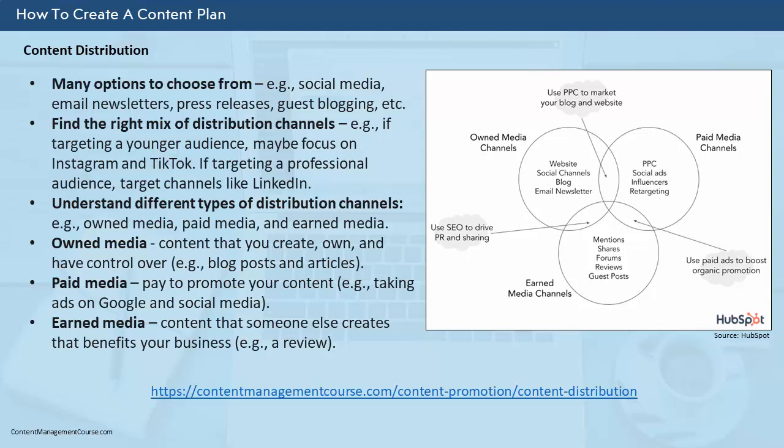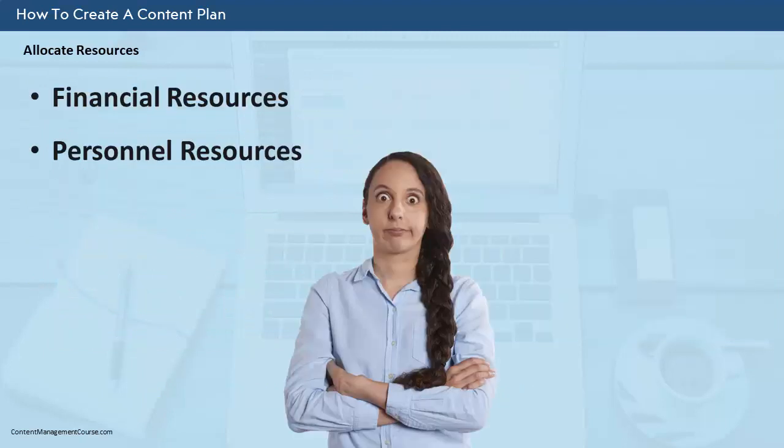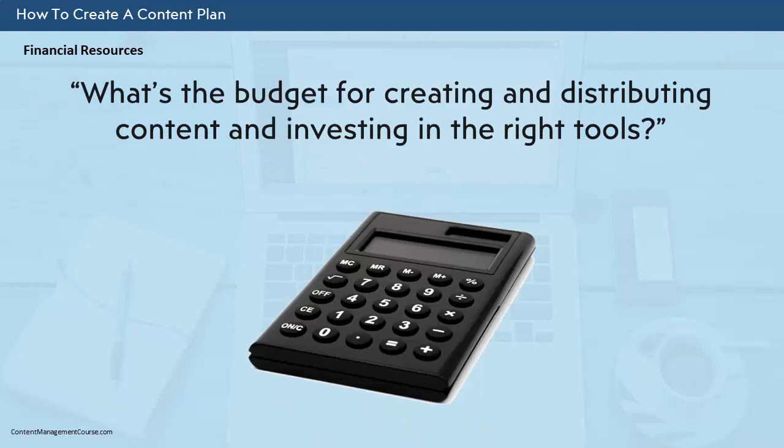Our content plan needs to be aligned with our content strategy, so if our content strategy includes paid media, this brings up the next step, which is how to allocate our resources. So the two main areas we need to focus on here are financial and personnel resources. Financial resources mostly come down to the budget allocated to create and distribute content and to invest in the right tools.